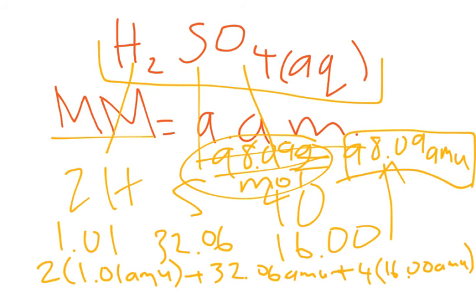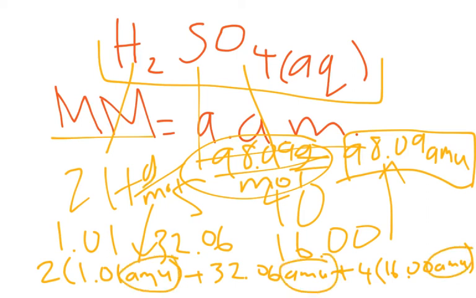There are many ways to look at this. Instead of considering these as atomic mass units, we could have, right from the very beginning, assumed that this was 1.01 grams per mole instead of AMU, because if all of these were in units of grams per mole, we could have added it all up and got a final answer in units of grams per mole, instead of going from AMU to grams per mole.